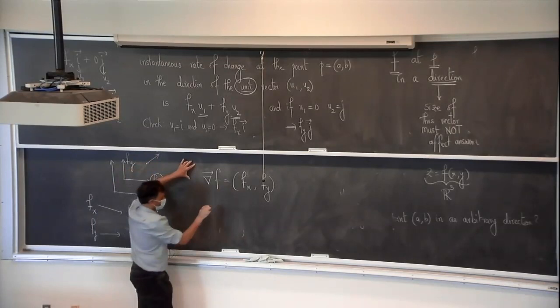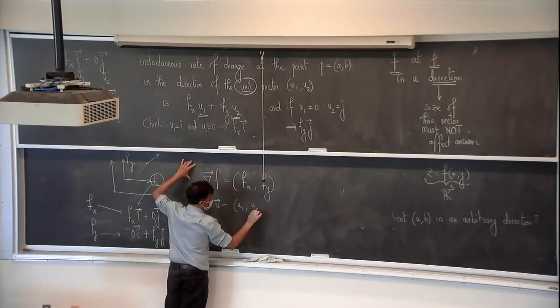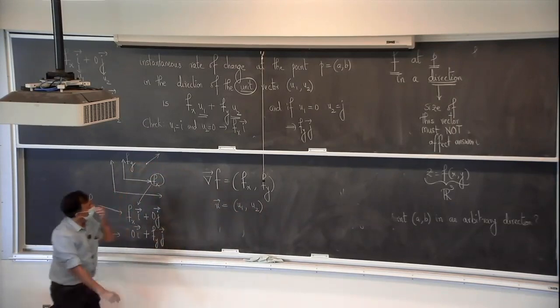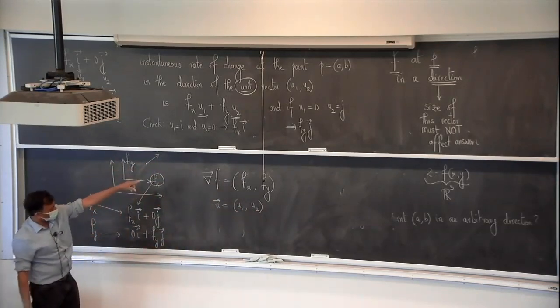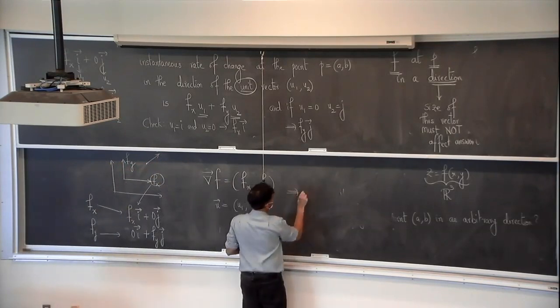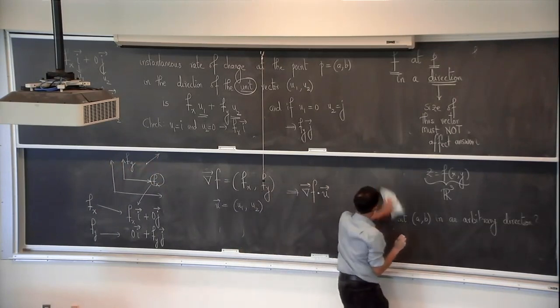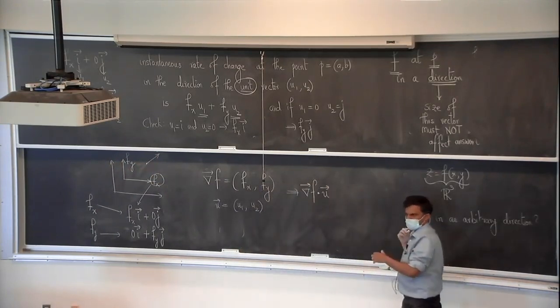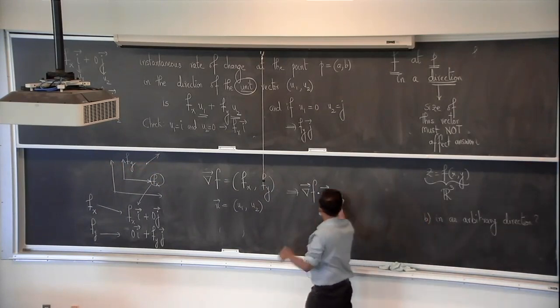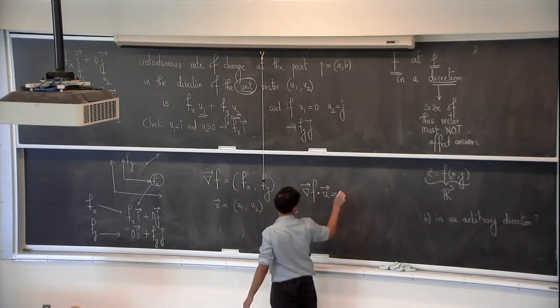And if you call u a unit vector whose components are u1, u2, what I've written there is just a dot product of these two vectors. The dot product of the gradient of f with u. This is from the first week of classes, actually last week, right? The product of these two: fx times u1 plus fy times u2.